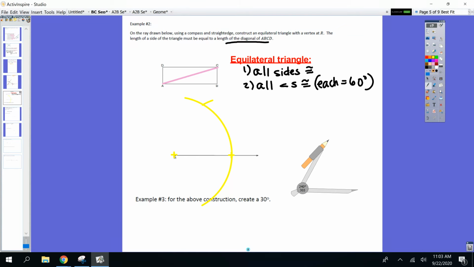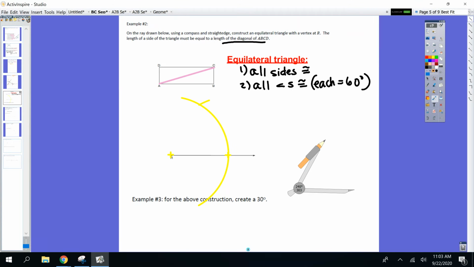What are you going to connect to finish this triangle with your straight edge? So I take my straight edge and I connect R to that point of intersection. Where's my other side going to come from?